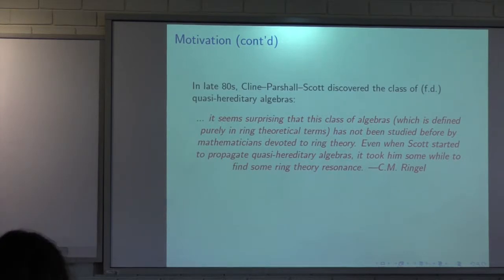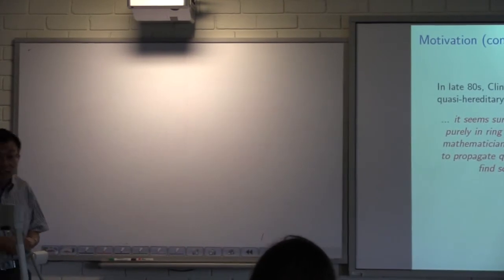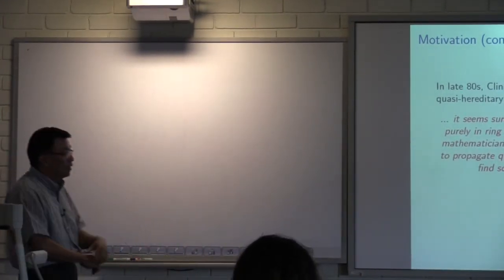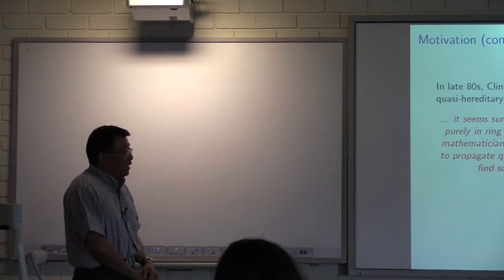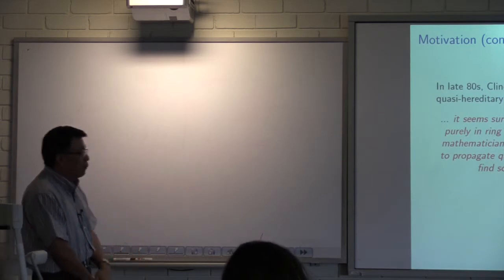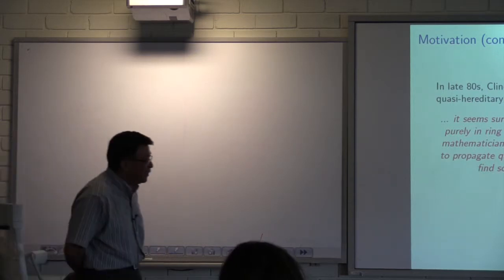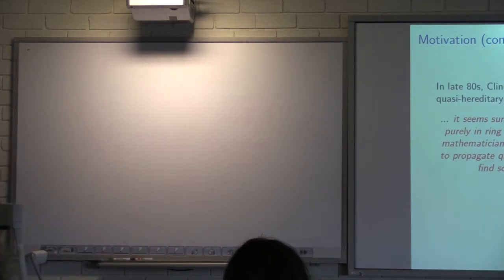But they found some phenomenon in that part of representation theory, and then they got a new class of algebras called quasi-hereditary algebras. Like Ringel mentioned, even when Scott started propagating quasi-hereditary algebras, it took some time to find new theory, resonance, etc. That's quite an interesting comment.